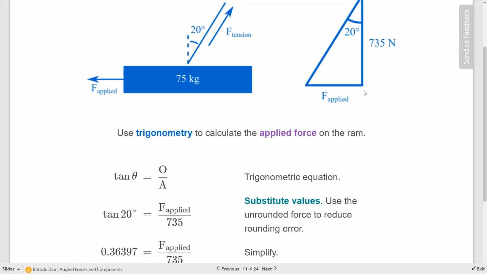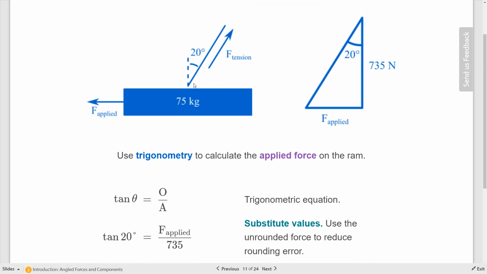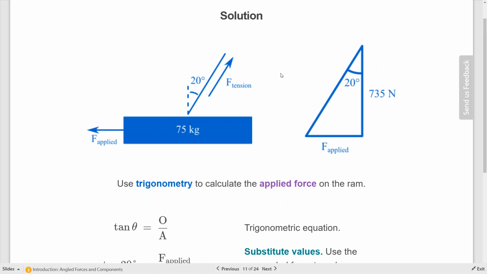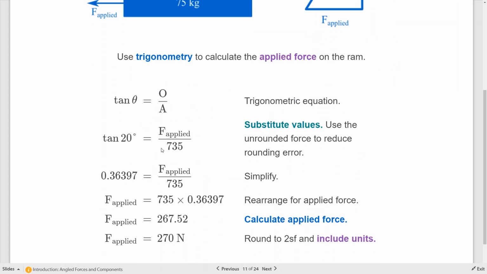We just need to work out this opposite side. So we've got two of the three variables that we need. Tan of 20, because remember that's 20 from the vertical there. And the reason why they got 20 there and 20 there is just due to the angles that you learn in junior. You know that angle there is the same as that angle there. So tan of 20 is equal to force applied, which we're trying to work out, divided by 735.